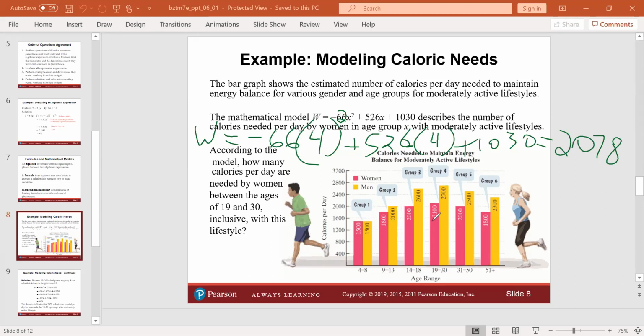But what we did, all we had here was a mathematical model at the end of the day. X, the independent variable, is whichever group number you're in: group 1, group 2, group 3, group 4. You'd plug it in and it would spit out W, the number of calories a woman in that age group can generally have and be fine in terms of having an active lifestyle.